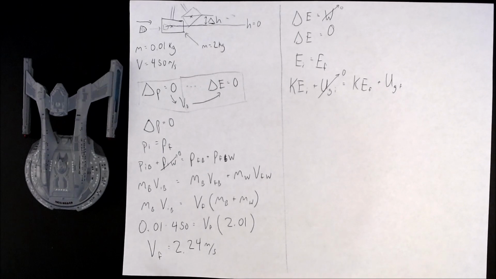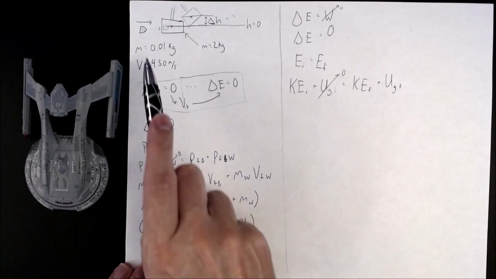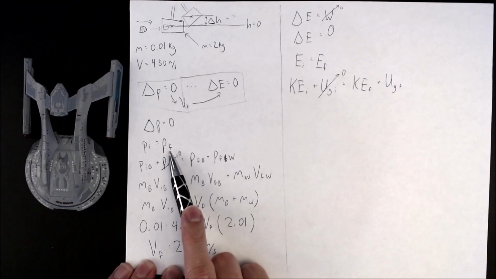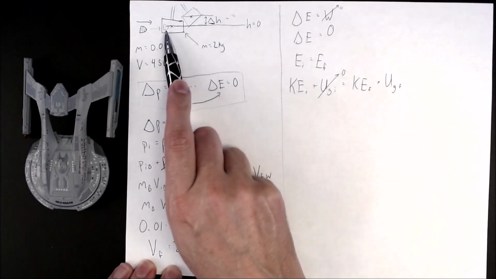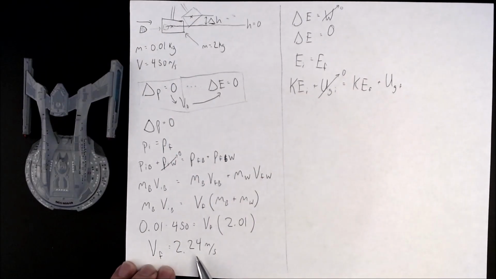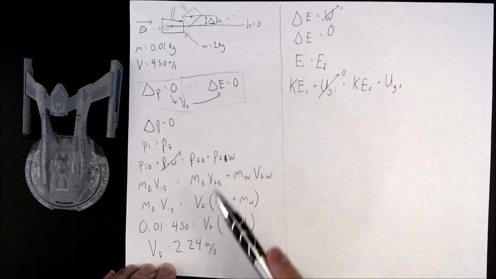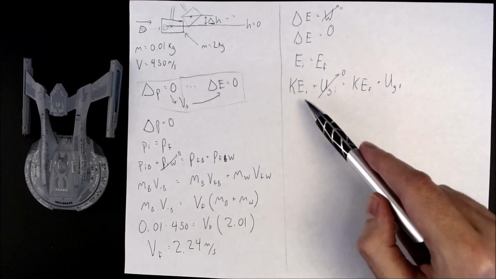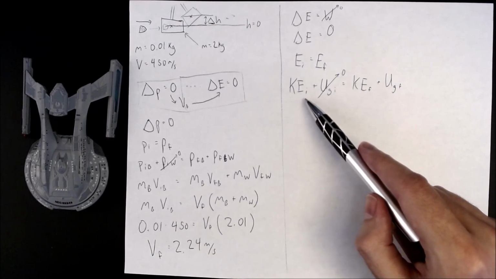We're having a different set of initial and final points now. In fact, the initial point that we have here is just before the bullet hits the block, and the final point is just after it has embedded itself in the block of wood, and it's just barely beginning to swing up because it has that velocity right there. That final velocity for the last problem is going to be the initial velocity for this problem.